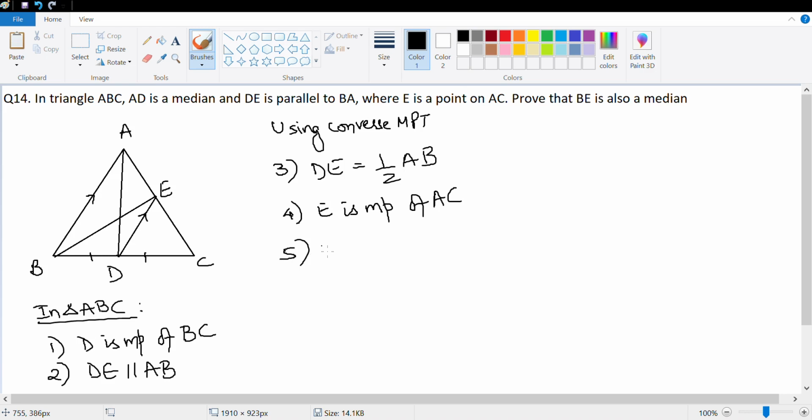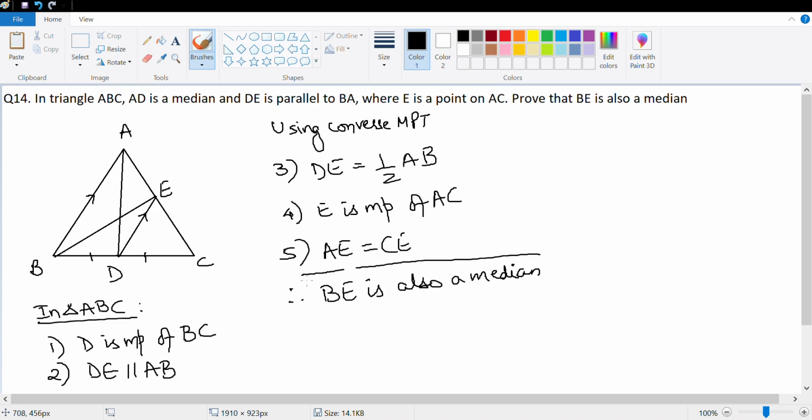What this means is AE is equal to CE, therefore BE is also a median since it divides AC into two equal halves.